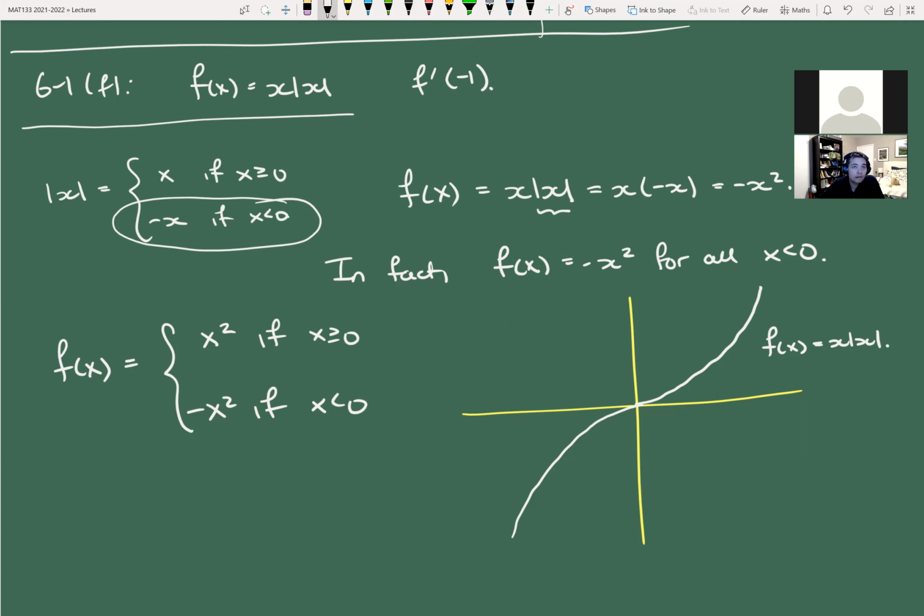So when you're trying to evaluate something, let me choose a different number. If you're trying to figure out what to do, you say, oh, that number is bigger than 0, so I'm going to use this function. If you're trying to do -3, you'd say, oh, that's less than 0, so I'm going to use that function. So yeah, you do know what the value of the function is.